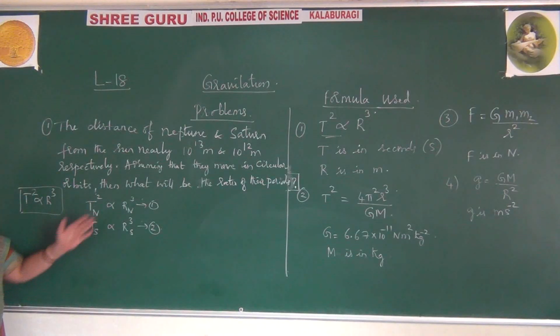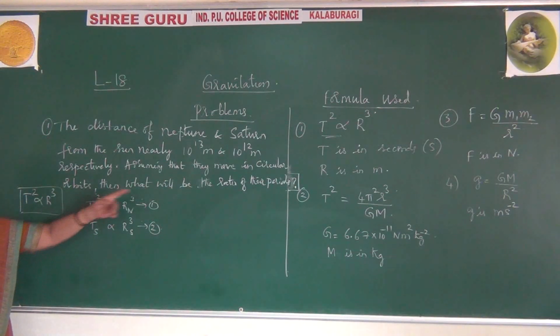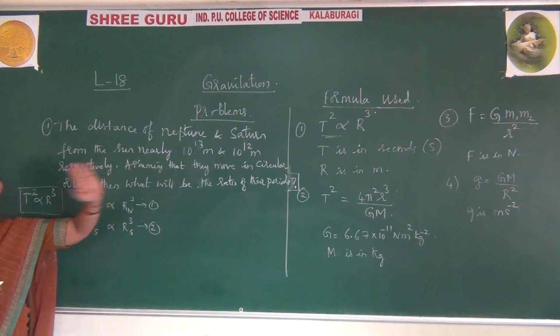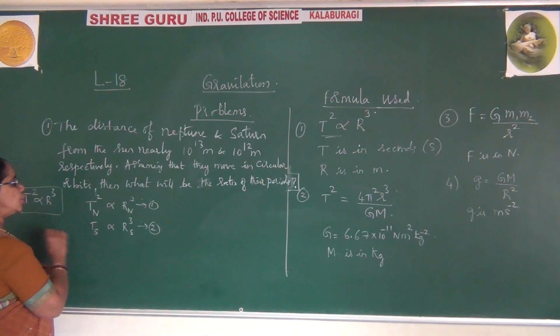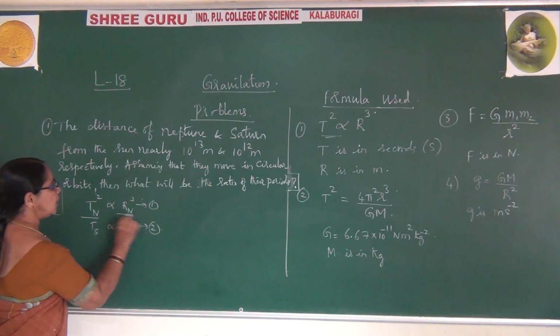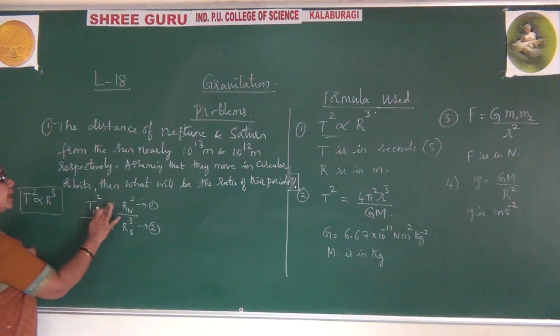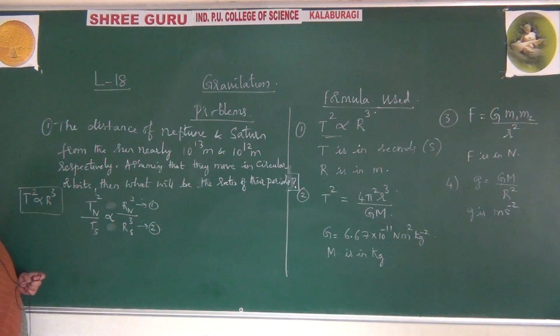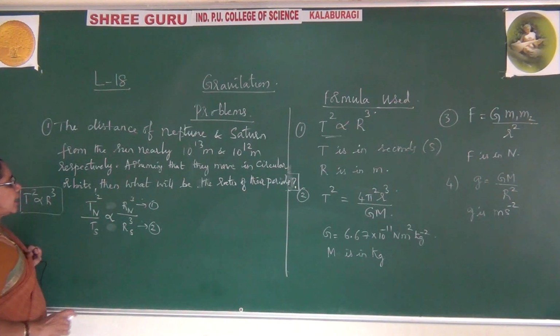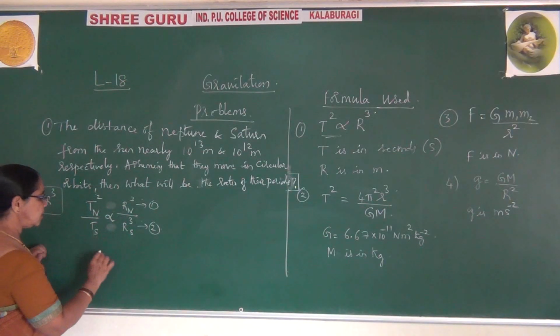Now I have to take the ratio, as they are asking for the ratio of the periods. Taking the ratio means I can divide them. If I divide them, I can write the proportionality like this. Now I have to calculate the Tn by Ts ratio.